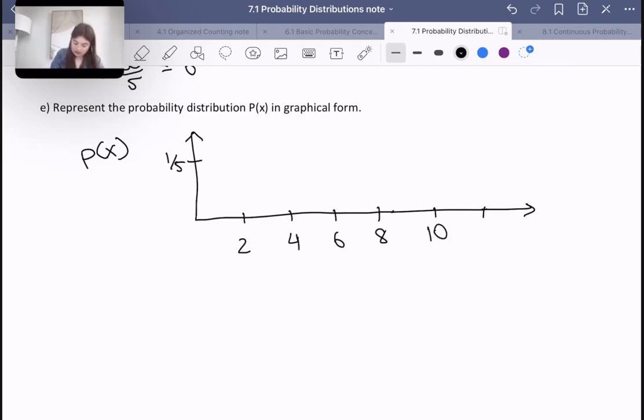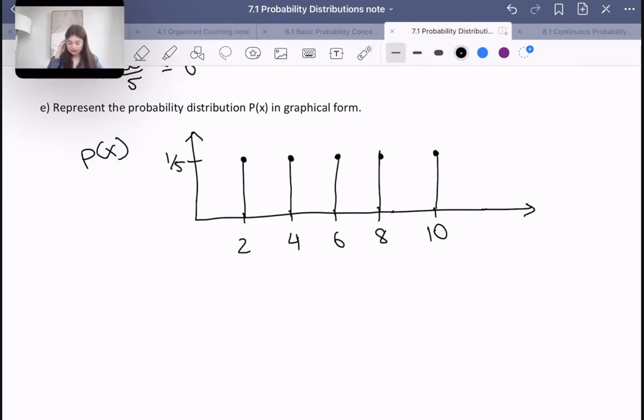Actually, I should get rid of this last one because there's only 5 answers here that we could possibly get. And let's draw those in, and then we'll be golden. Like that. There we go.